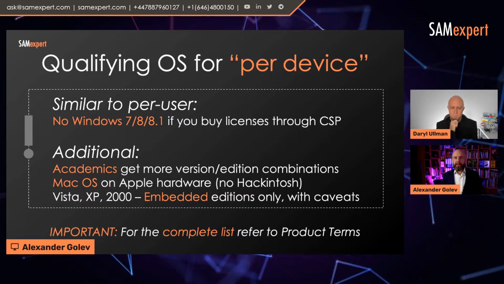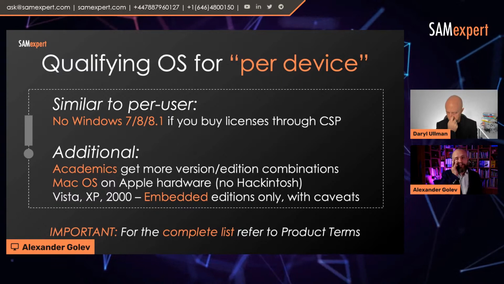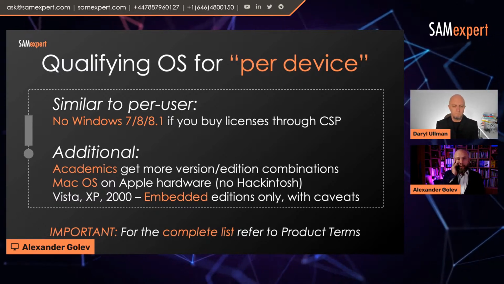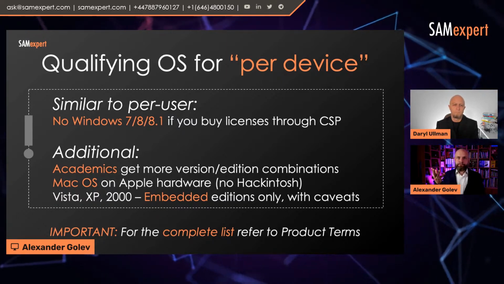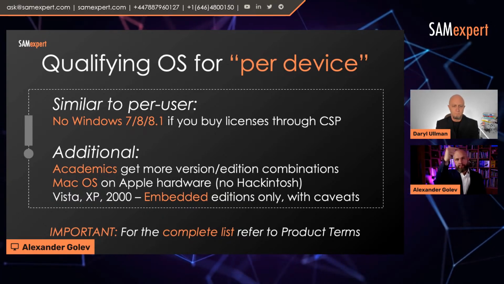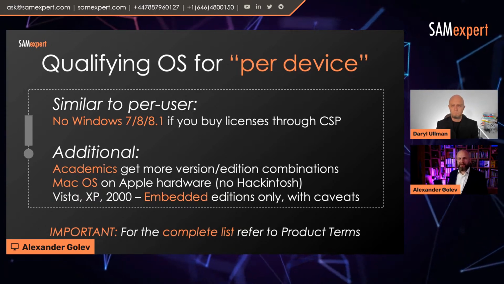No upgrades from 7, 8, and whatnot. Which is a bit tricky, because Windows 7, 8, and 8.1 actually have a Windows 10 upgrade advantage. So you may still upgrade them to Windows 10. But anyway, the official rules are: if you buy a license through CSP, you may only upgrade them from Windows 10. That's the only possibility.